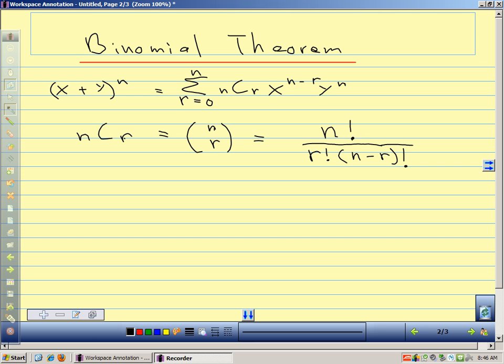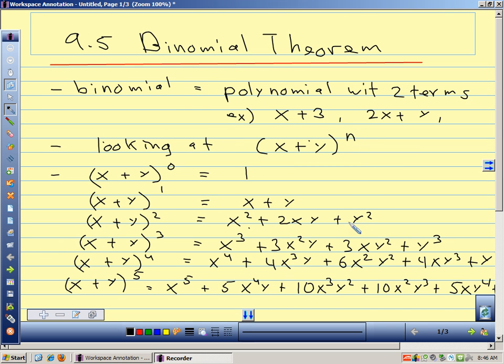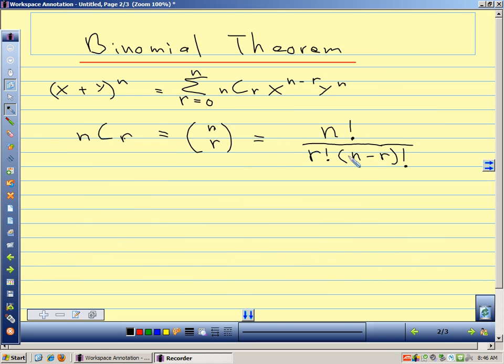So the binomial coefficients come from this formula. The numbers that we came up with back here, the 1, 2, 1, 1, 3, 3, 1, 1, 4, 6, 4, 1, come from calculating this with our binomial.